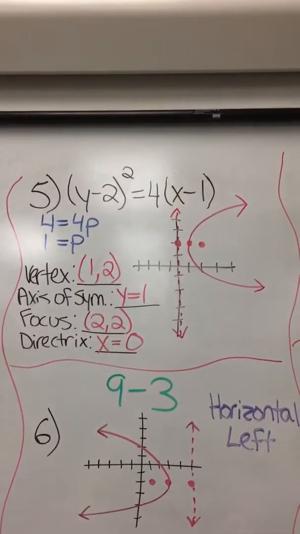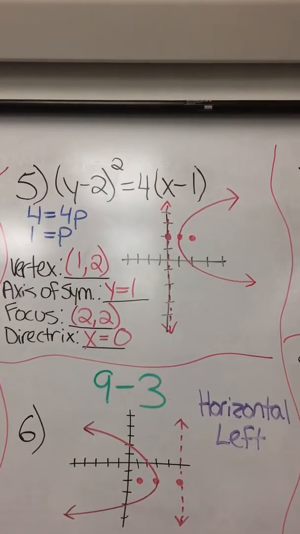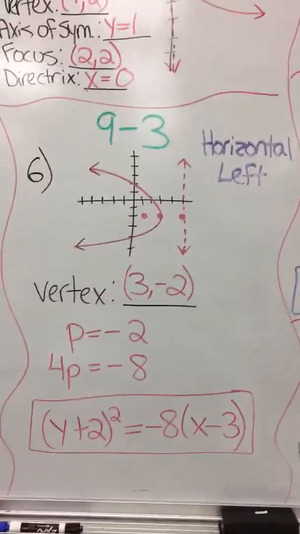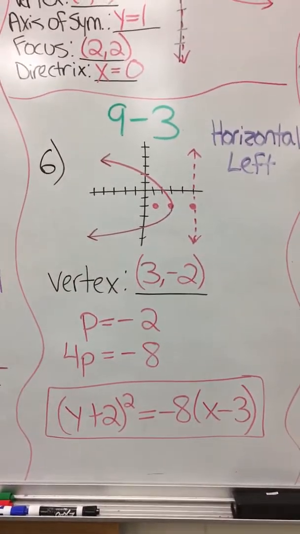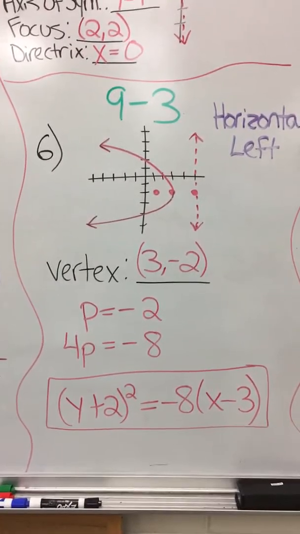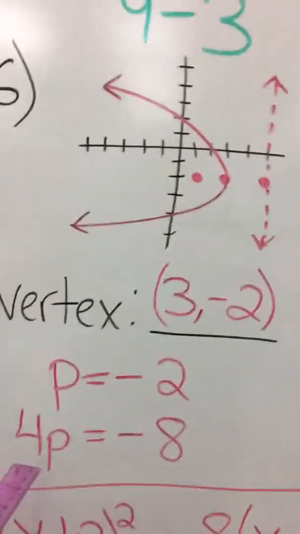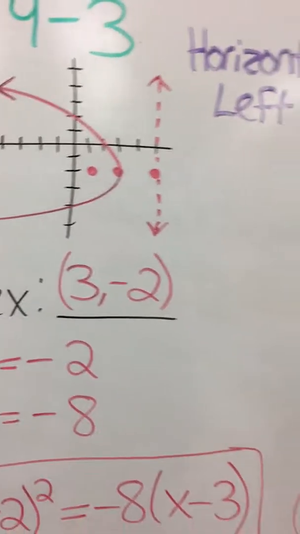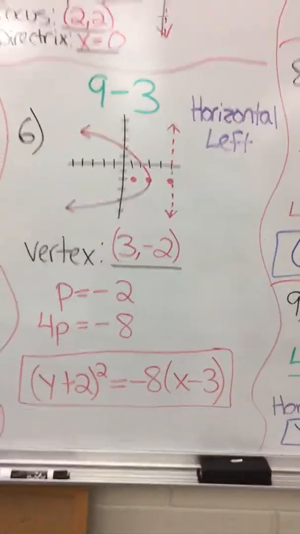You were starting at setting it equal to 4p and then solving for p. Here you're starting at p and then you have to set it equal to 4p. So what you're going to do is multiply that 4 in the 4p times -2. So you get 4 times -2, which will give you -8.